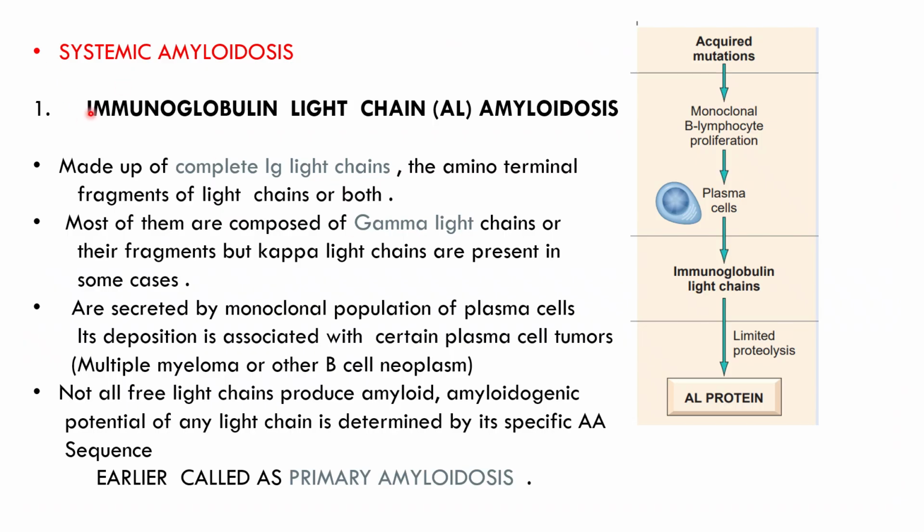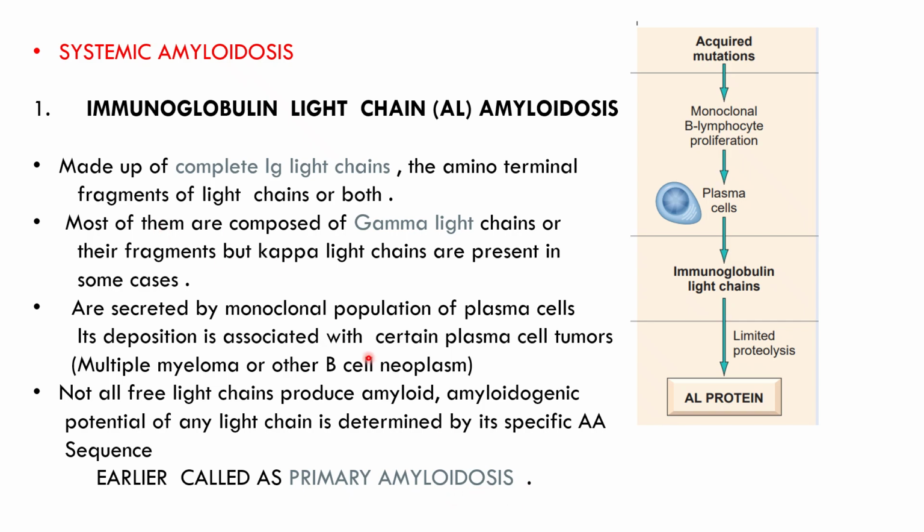Firstly, I will discuss the systemic amyloidosis. First heading under systemic amyloidosis is immunoglobulin light chain amyloidosis, which was earlier called primary amyloidosis.